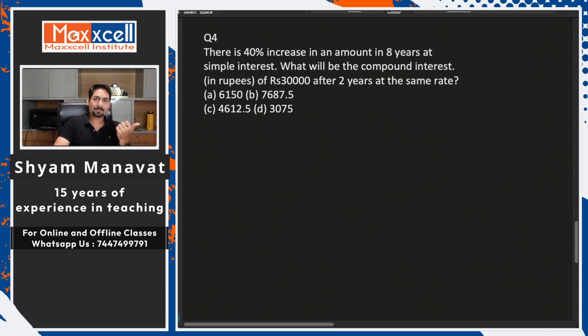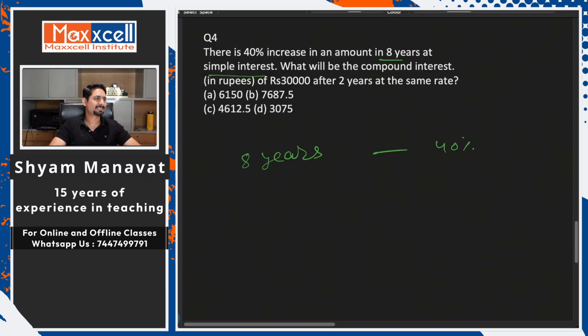There is a 40% increase in the amount in 8 years at simple interest. So in 8 years, the total increase is 40%. In case of simple interest, it increases with equal value every year.